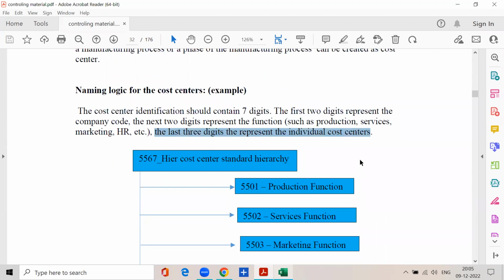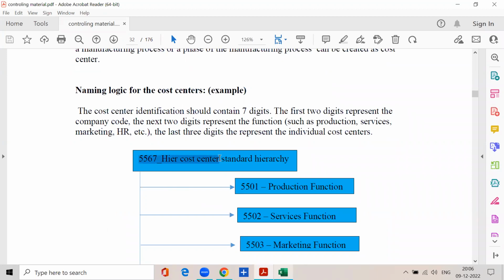Say, for example, assuming that our company code is 5567, right? If you remember, in our controlling area, we have given the name of the cost center standard hierarchy SSKV underscore HIR. Like that, for the controlling area, right?